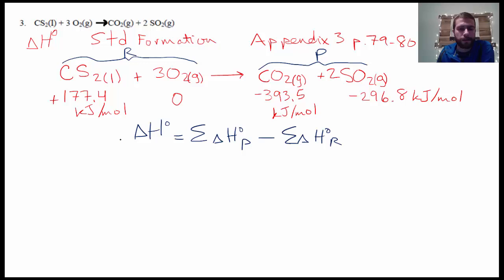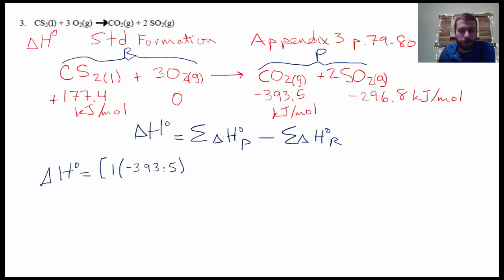All right, so for the products, we're going to do the following. Delta H equals, we've got 1 carbon dioxide, and so we'll do 1 times negative 393.5.